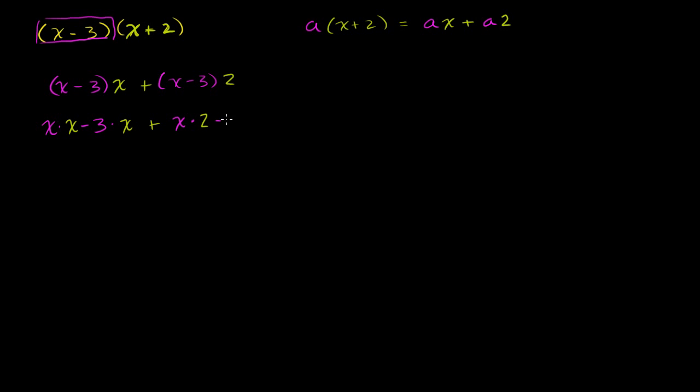I think it's helping. Minus 3 times 2. All I did is distribute the x and distribute the 2. And soon you're going to get used to this when we can do it in one step. You're actually multiplying every term in this one by every term in that one.